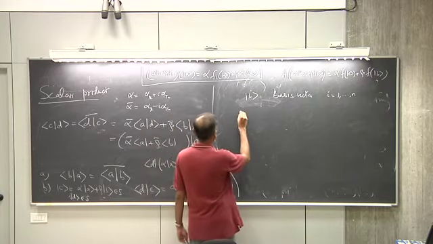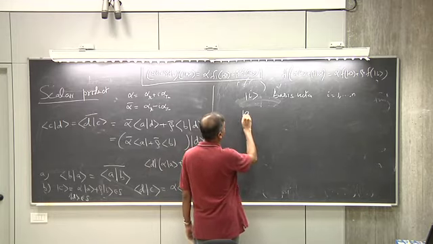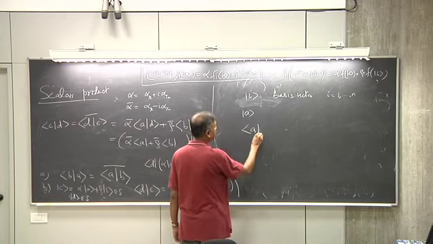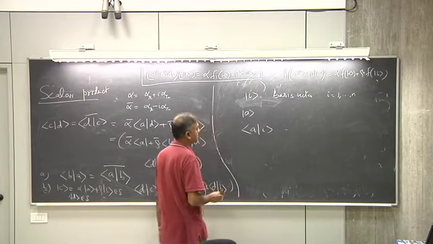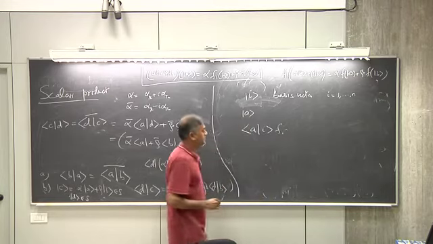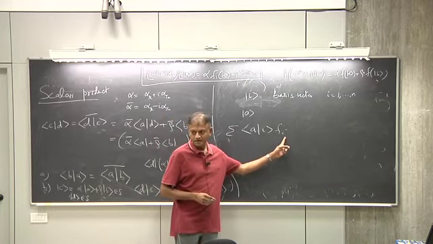Then if I take any vector A, and consider this object, A_i F_i summed over i. Remember this F_i is what was defined before.